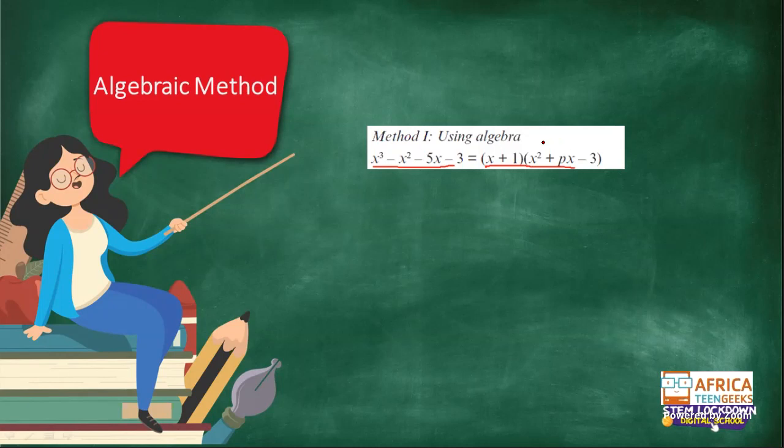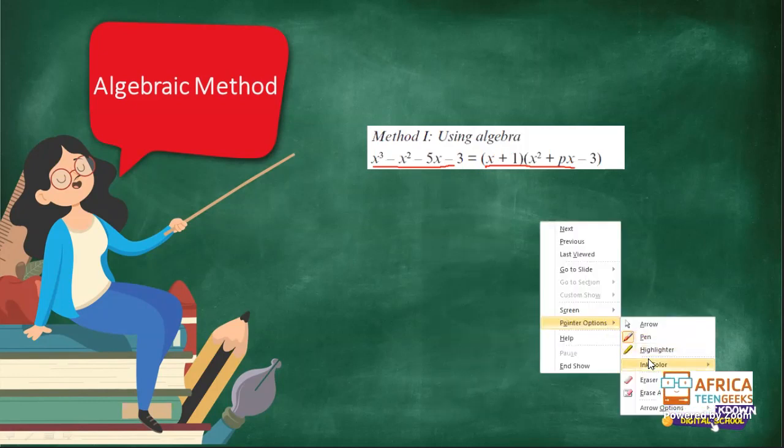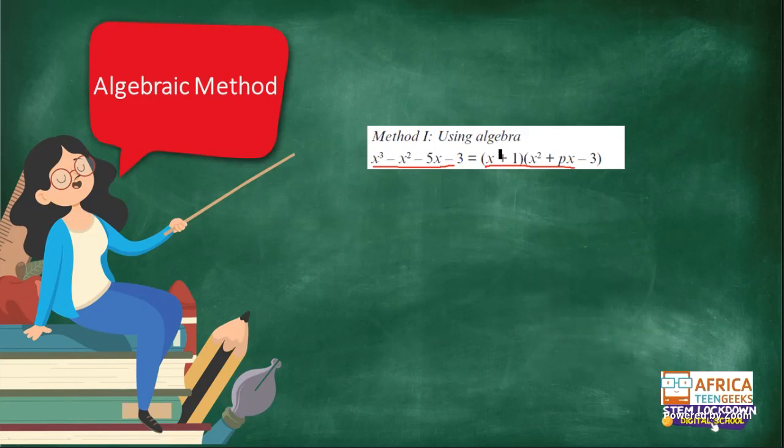Obviously, if you have x plus 1, this you already know because you used the factor theorem. So you have a -3 as your last term, and that's why we have a -3 in this term.